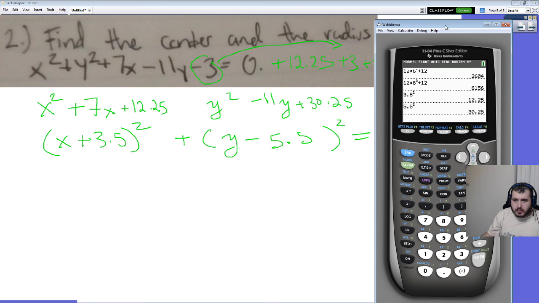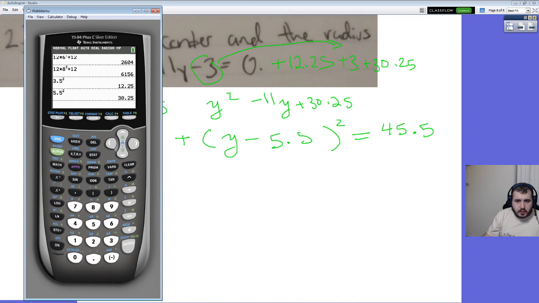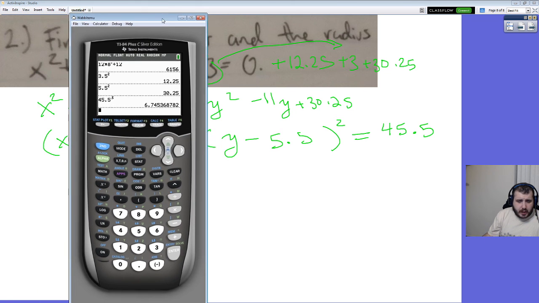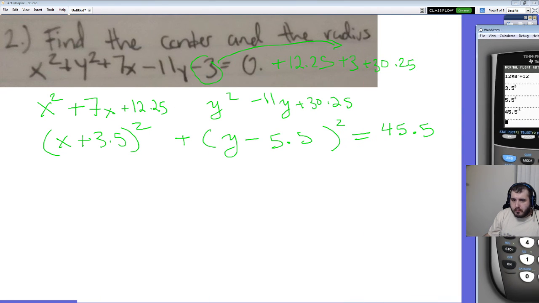So let me move you out the way to where you matter. So I want to see that 45.5. I'm going to raise that to the 1/2 power because I don't feel like looking for the square root button. And then you get that ugly number. That doesn't look very good, does it?